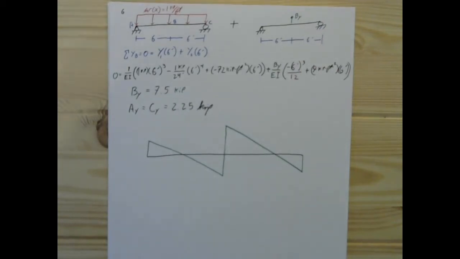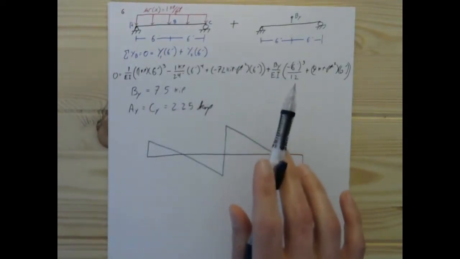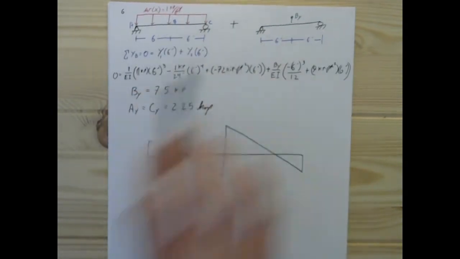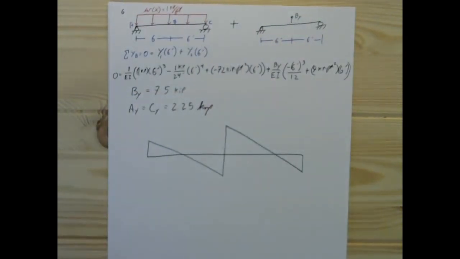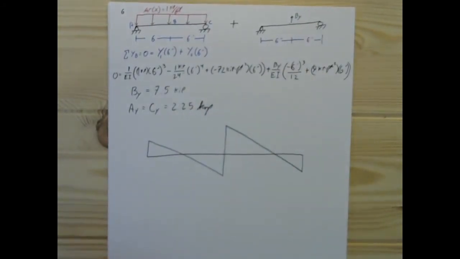Welcome to the final video on using superposition to solve indeterminate structures. Having finished our boundary conditions for the deformation of these individual portions, we're going to combine them, adding a final boundary condition that the deflection at point B must be 0.